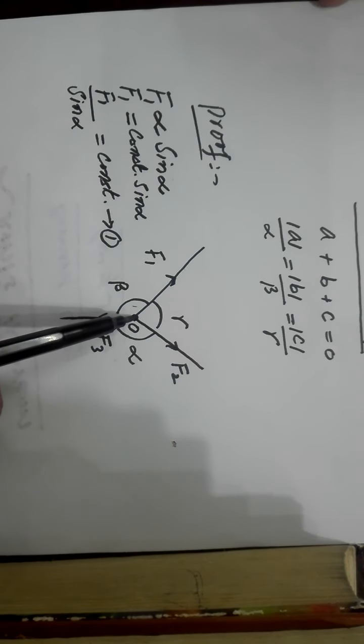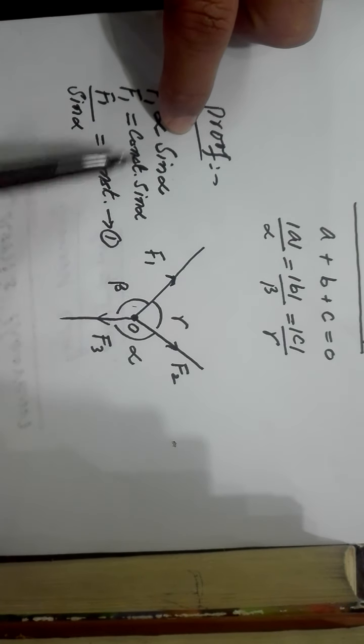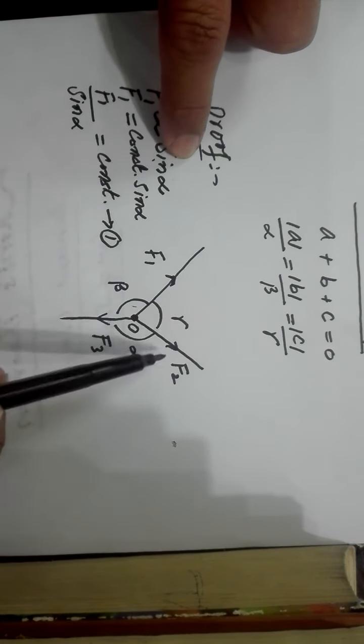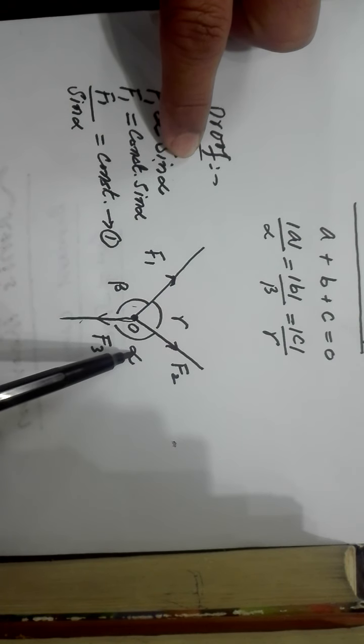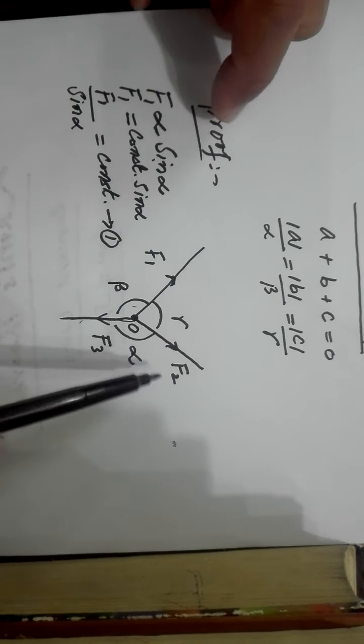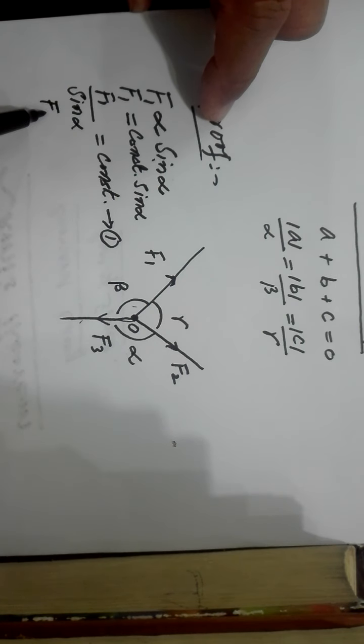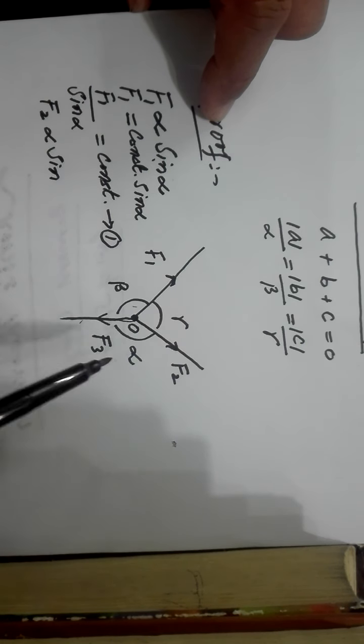Now again come to the definition. If three forces acting at a point are in equilibrium, then each force is directly proportional to the sine of the angle between the other two forces. We have taken F1 and it is directly proportional to sine of alpha. If we take F2, that will be directly proportional to the sine of the angle between the other two forces.